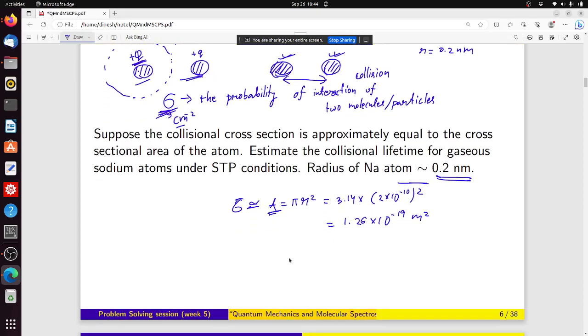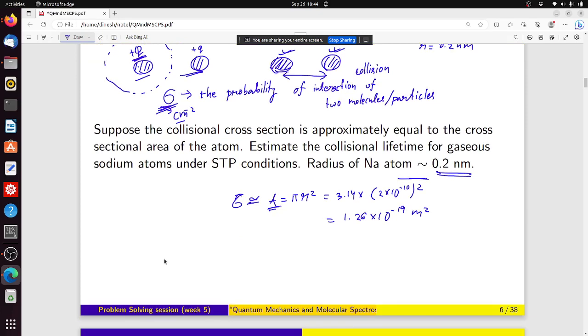Now the atom is sodium, so we know the mass of sodium is 23 atomic mass unit. From this we can calculate the mass of this sodium atom. 23 times 1 AMU, which is 1.67 times 10 to the power minus 27 kg, gives 3.84 times 10 to the power minus 26 kg.